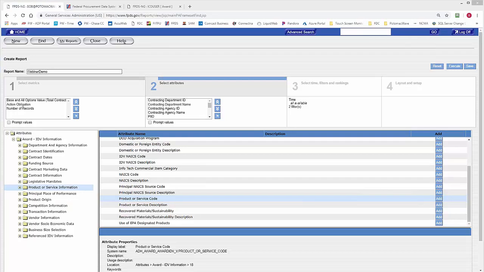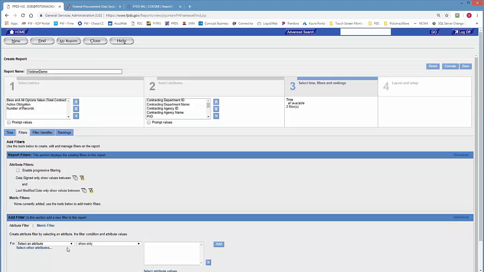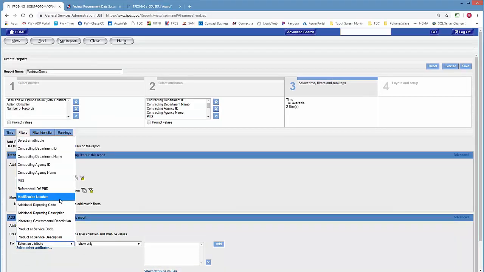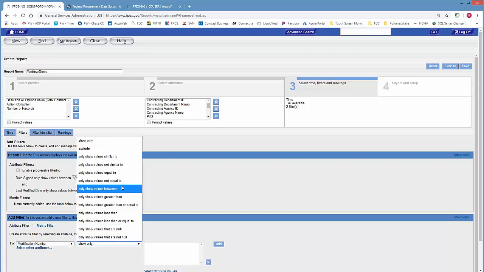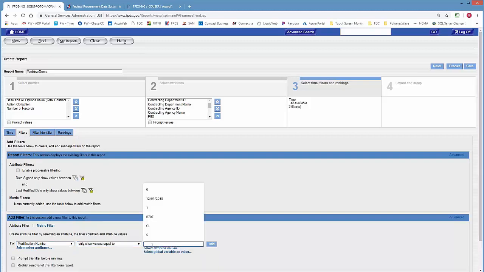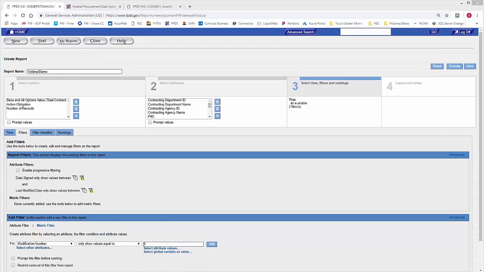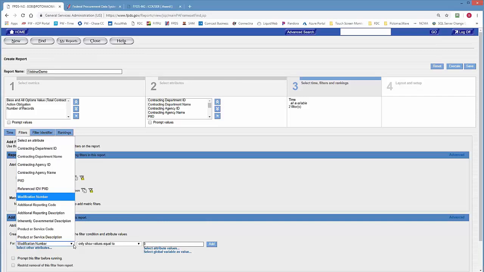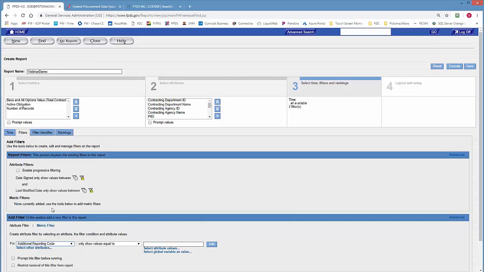Step 3, we're going to filter that. Filter that for mod number. Make sure that is equal to mod 0. I'll filter that one use. And I want to show the additional reported code.